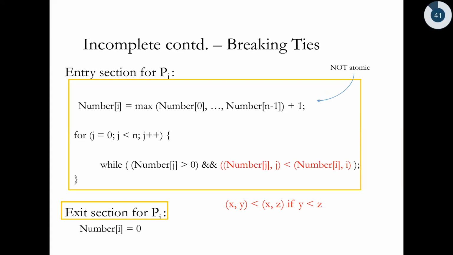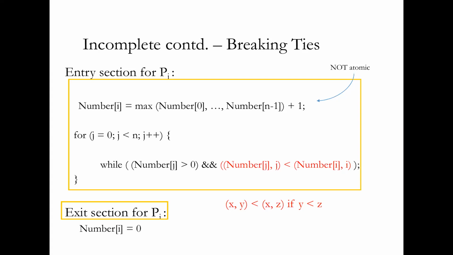So how do we solve this issue? Well, we can break a tie. Even when the tickets are the same, I can still compare by the task ID number. So if, let's say, the ticket number J equals the ticket number Y, then I'm going to compare J and Y. So now I have this kind of pair comparison.